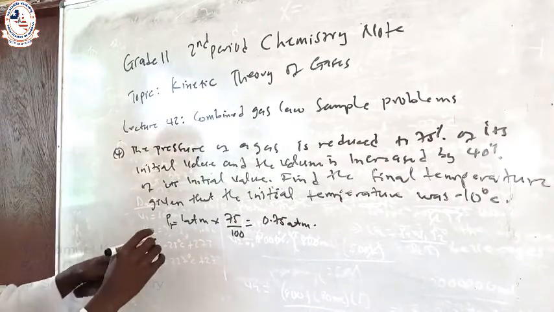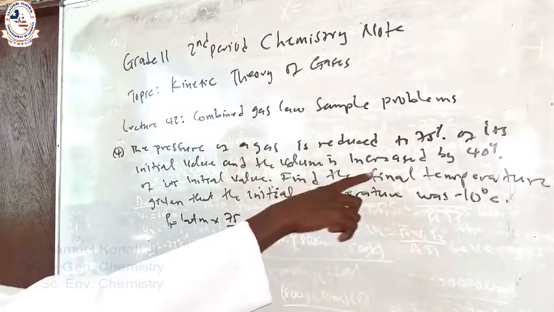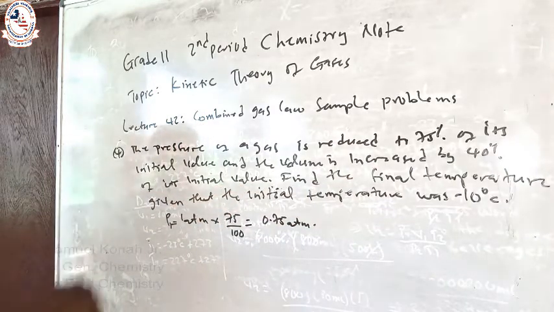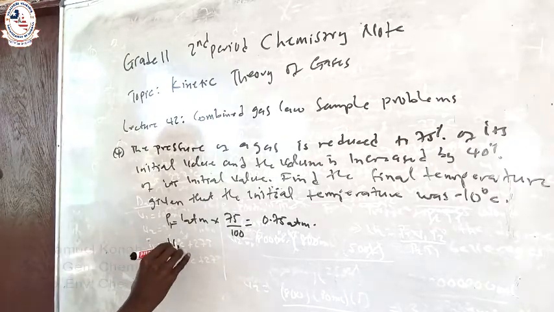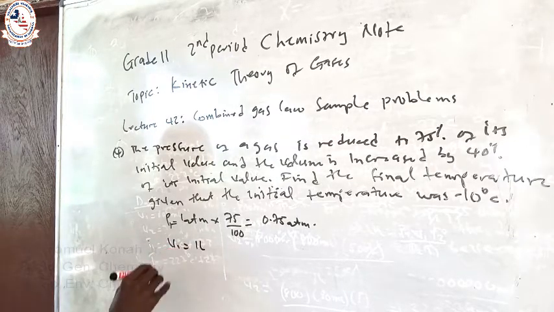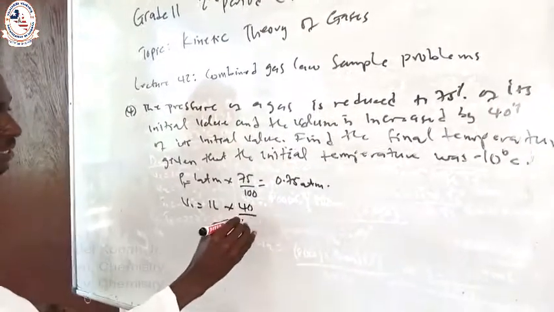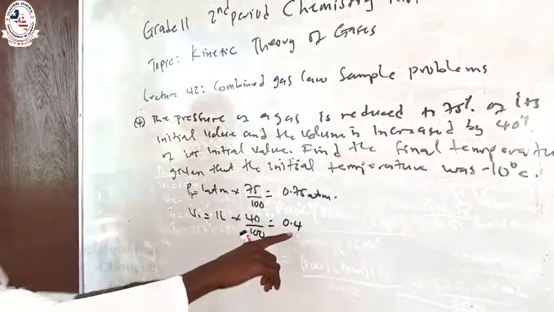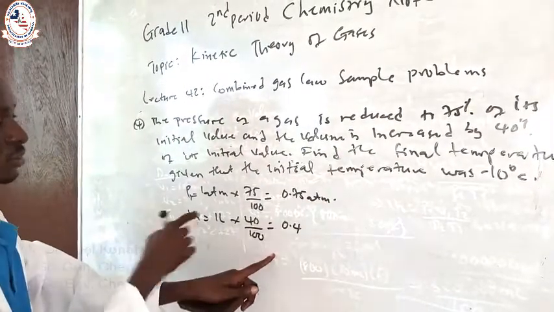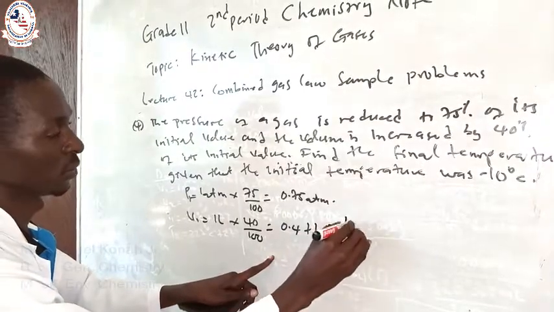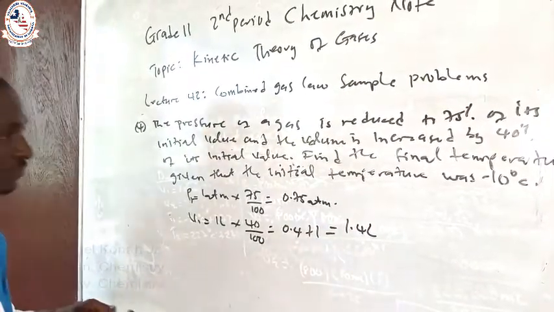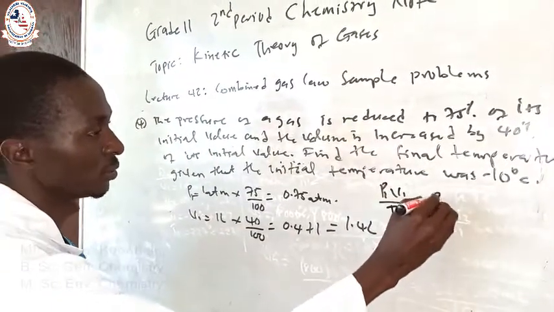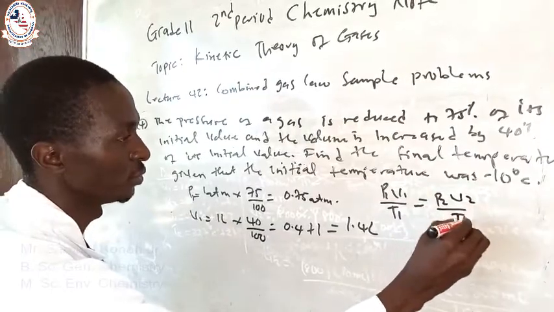Then they also say the volume is increased by 40% of its initial value. So our V1 will be equal to 1 liter. We'll find 40% of 1 liter, which is 0.4. They say increase, that means the 0.4 plus the initial volume of 1 will be equal to 1.4 liter. So knowing that P1 V1 over T1 is equal to P2 V2 over T2.